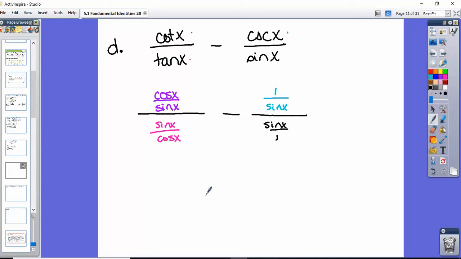Okay, so now if we think about algebra, to divide fractions you flip and multiply. The numerator stays the same, times, and then I flip this bottom, so it becomes a cosine over sine. We have a 1 over sine, times, if I flip the bottom, that's 1 over sine.